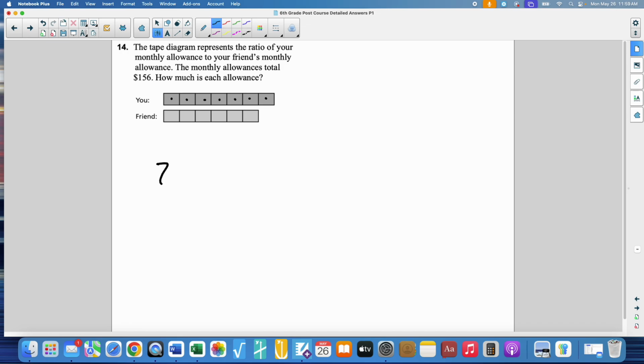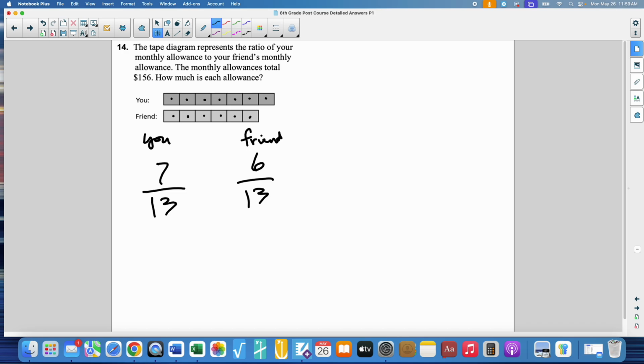And then your friend is 1, 2, 3, 4, 5, 6. So your friend is 6. And if the total, that's going to be 13. So you are 7/13 and he is 6/13 of the total.